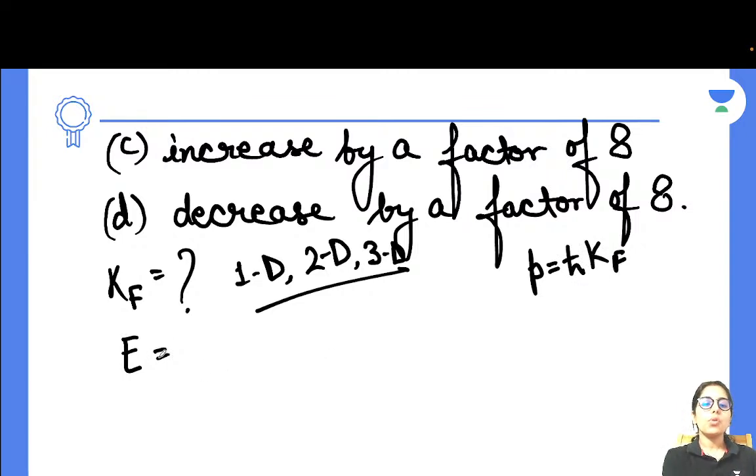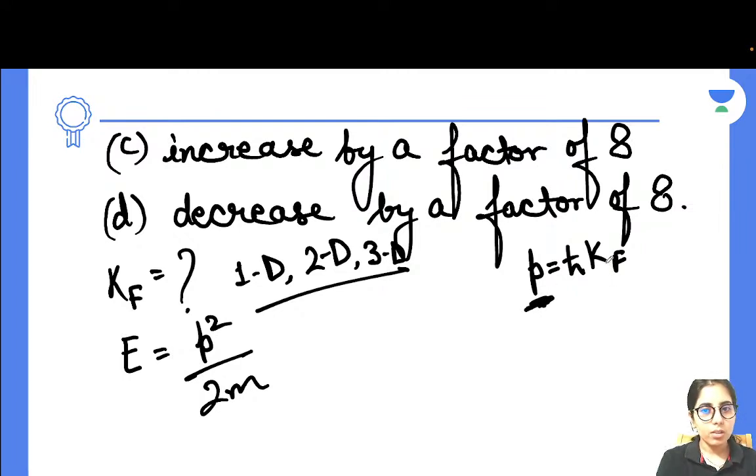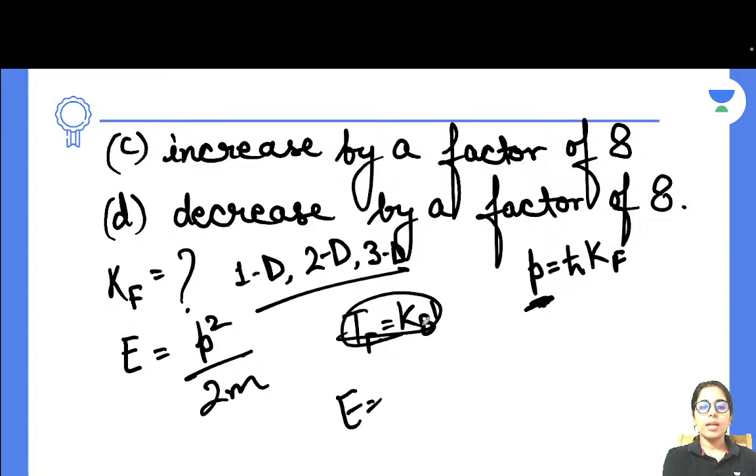And also you know E is equal to p square over 2m. So p is going to be the momentum, the Fermi momentum, when you are writing it in terms of the Fermi wave vector or the radius of the Fermi sphere. At the same time, if I talk about the Fermi temperature, E is equal to, in terms of Fermi temperature, KB TF.